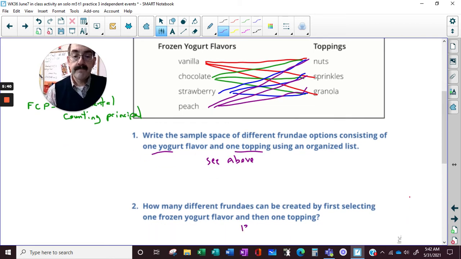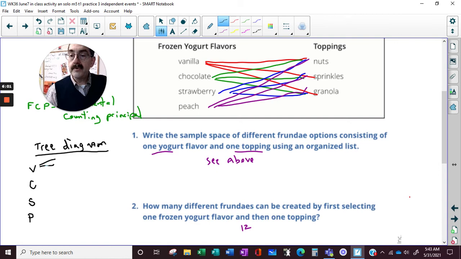Now, the teacher way is called a tree diagram. A tree diagram goes like this: V, C, S, P, each with 1, 2, 3.